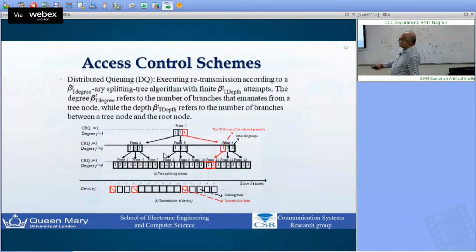In this case, this one transmits first, then 4. You will have to wait for the 4th time slot, then the 11th time slot. These are the waiting times. Say from 4 to 11, only this device is allowed to transmit. I will come back to that later.